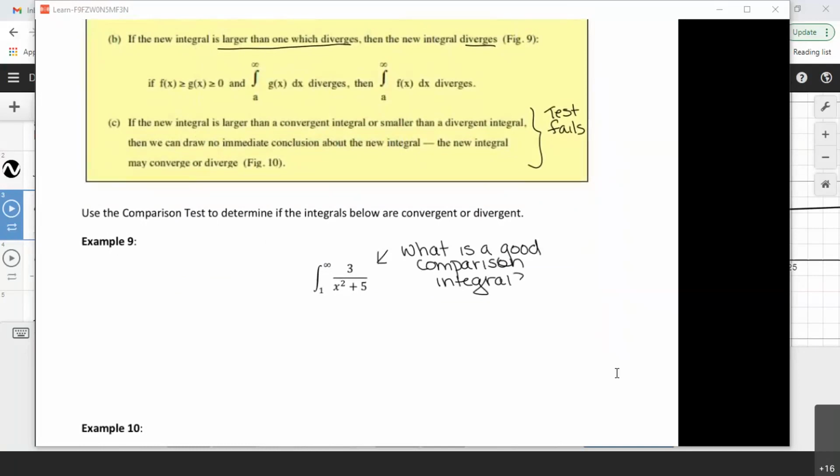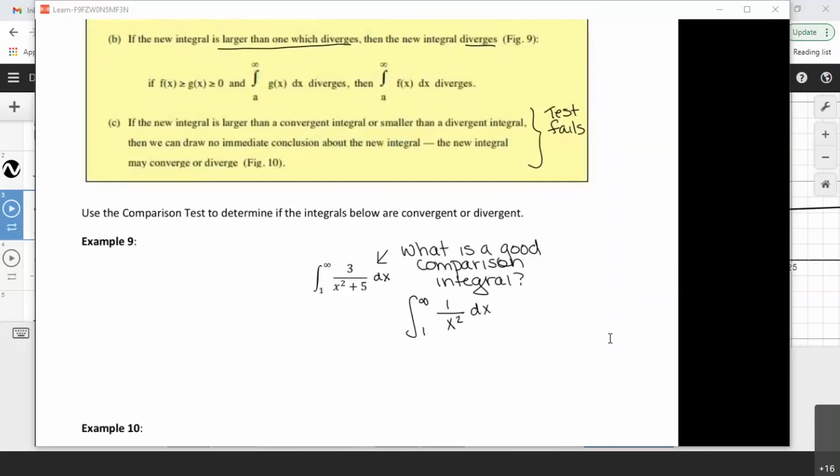What's a good comparison integral? Well, this looks like the integral from 1 to infinity of, and again, we're losing a dx here, basically 1 over x squared dx, right? Because the power of x is the same.